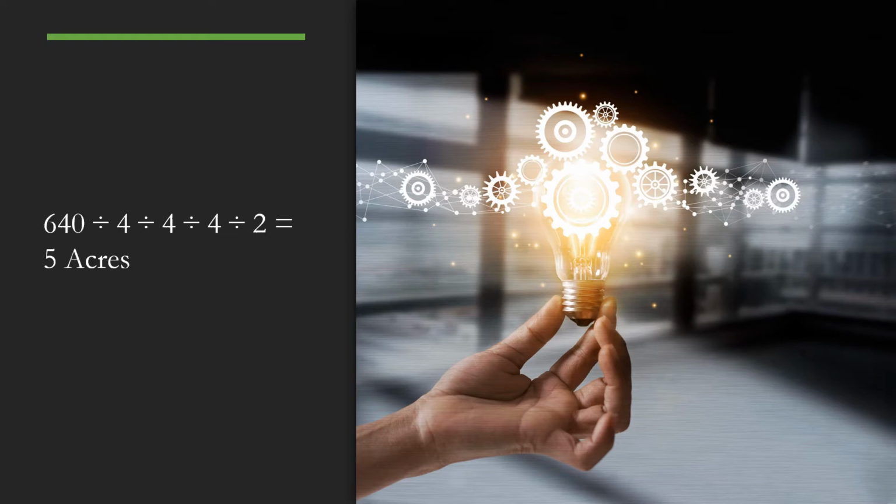So we have 640 divided by 4, divided by 4, divided by 4, divided by 2 equals 5 acres. So 5 acres would be the answer.